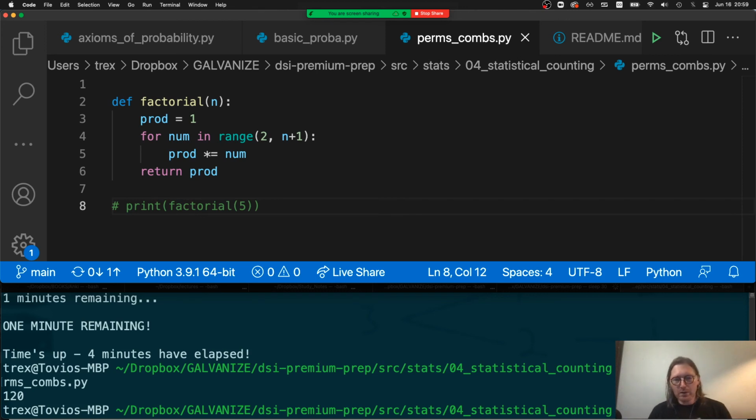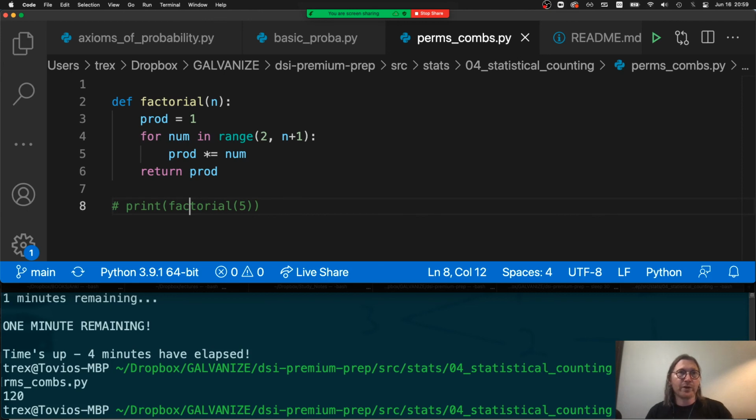Permutations, in its most basic form, is just factorial. But we might be trying to ask a different question, like, okay, you have 10 objects. How many different ways can you arrange 5 of them?